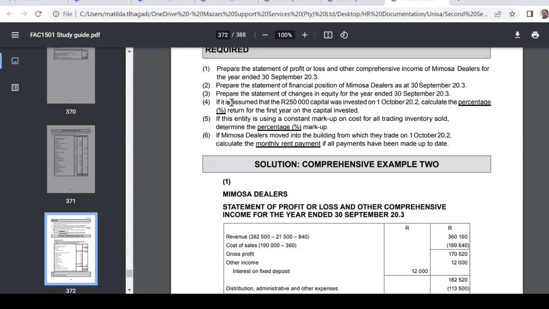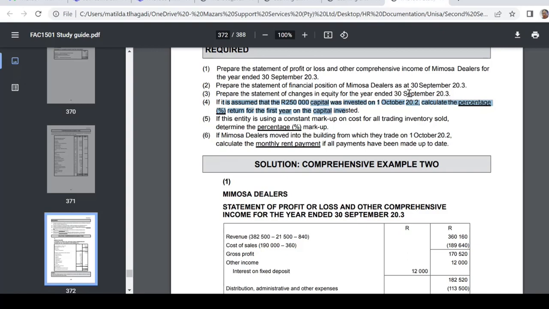The way they ask it, it looks so advanced. I promise when I was doing it alone, I was like, what on earth is going on?